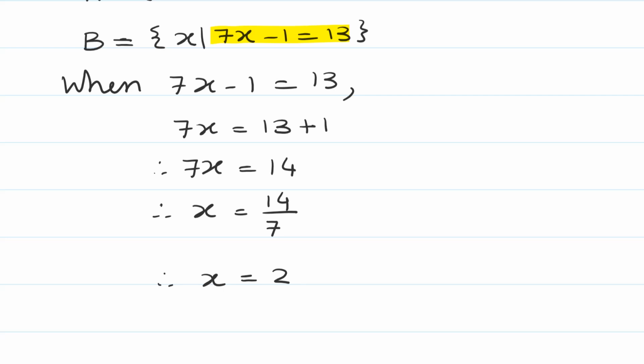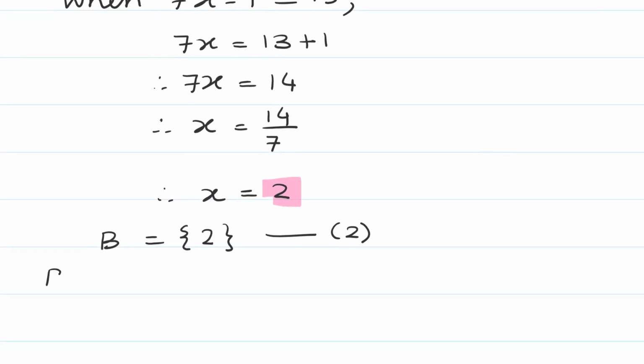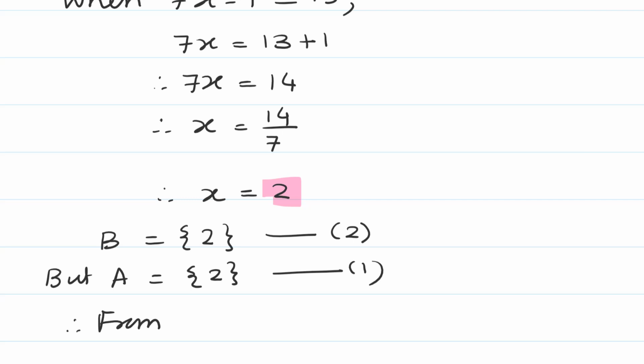So again, only one number is satisfying condition 7x minus 1 is equal to 13. So set B is singleton set and it has element 2. Now compare 1 and 2. Set A has only one element 2. B also same, and therefore from 1 and 2, A is equal to B.